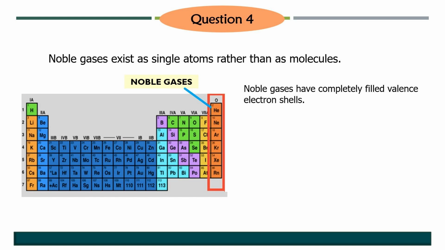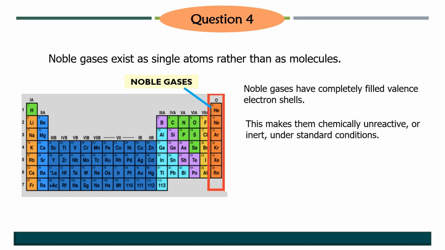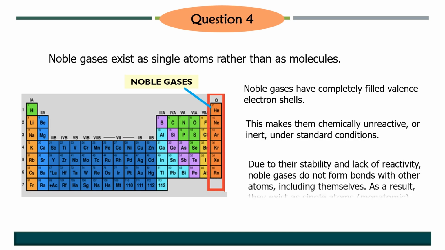Noble gases have completely filled valence electron shells. This makes them chemically unreactive, or inert, under standard conditions. Due to their stability and lack of reactivity, noble gases do not form bonds with other atoms, including themselves. As a result, they exist as single atoms, monatomic, rather than forming molecules.